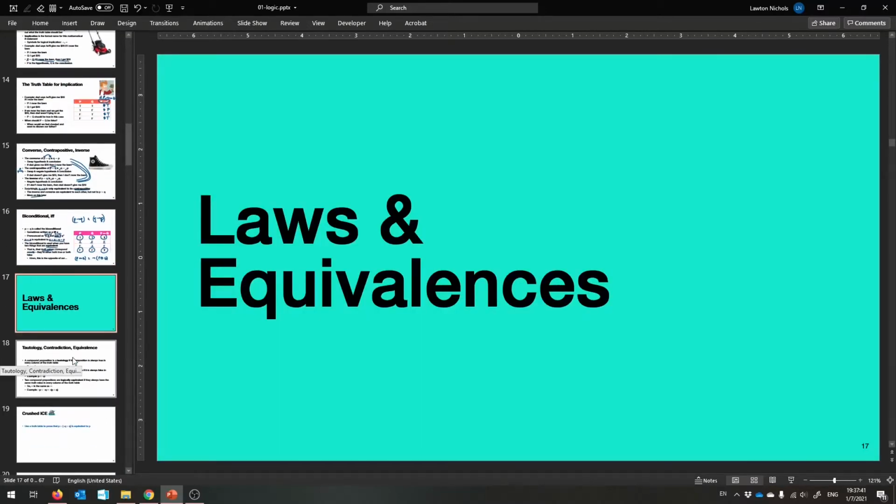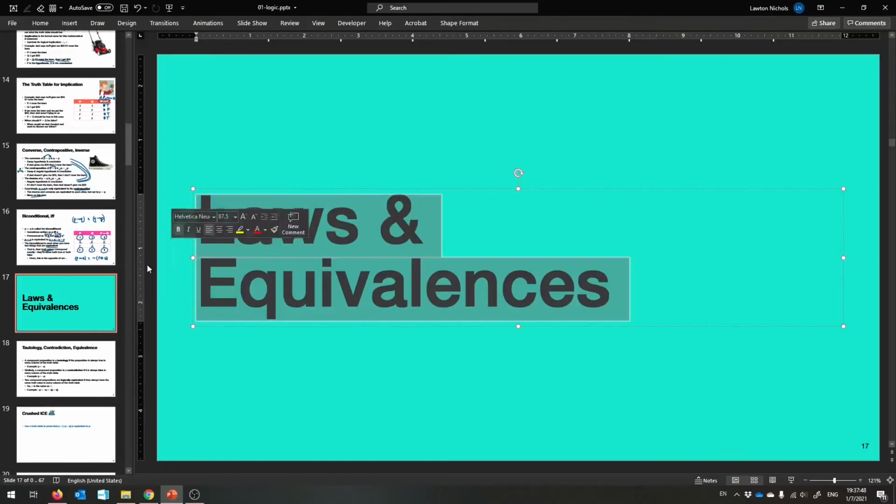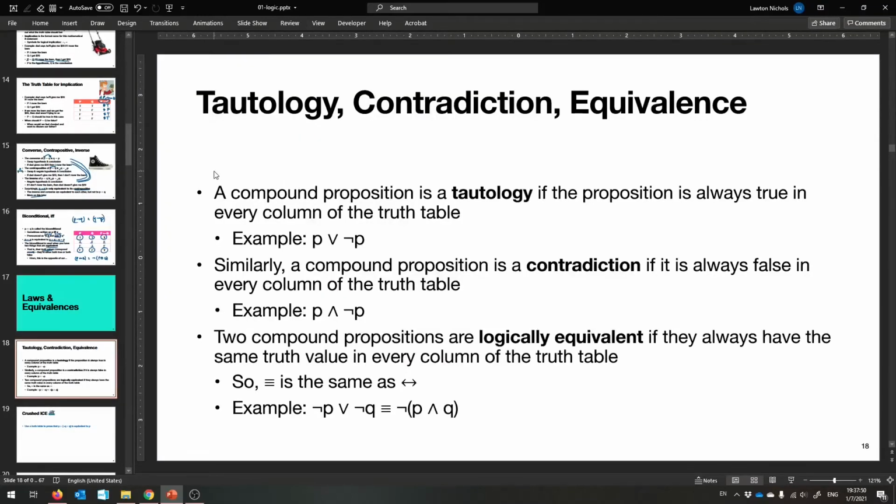And the word for proving that propositions are equivalent is equivalence. Okay, so we need some more terms because this is a math class and our book is full of them. So let's continue with some more terms here.